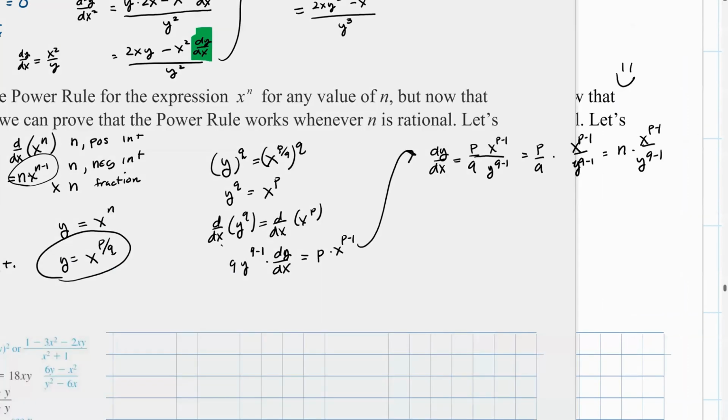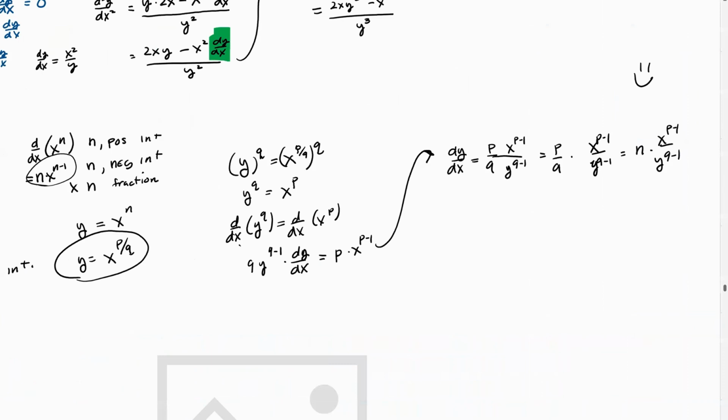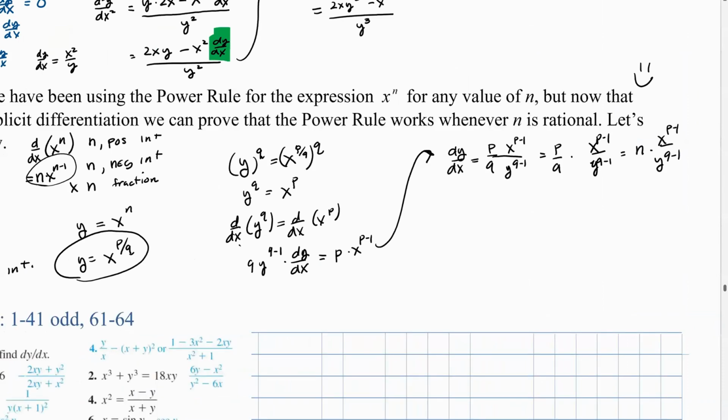So let's do that change. n times x to the p minus 1 over y. We're going to replace y with what y is equal to, which is x to the p over q. And then this is to the power of q minus 1.